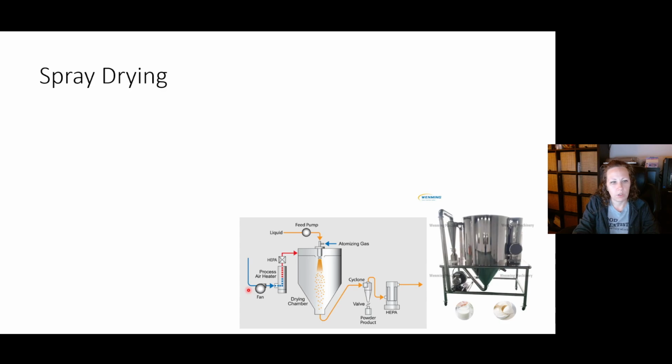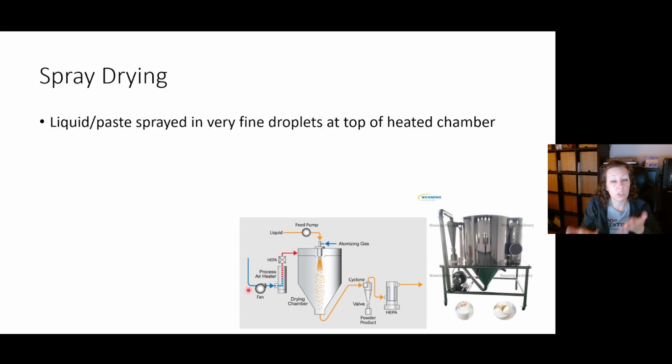Okay, so the fourth method is spray drying. Should be an easy one to remember because it's exactly what it says. For this one you also have to have a liquid or a paste. It has to be liquid in substance, and very fine droplets are sprayed at the top of this heated chamber here. The droplets are so fine, it's called an atomizer.